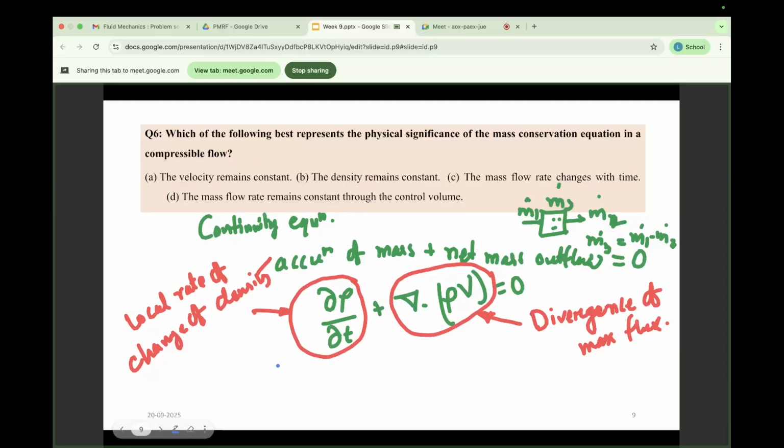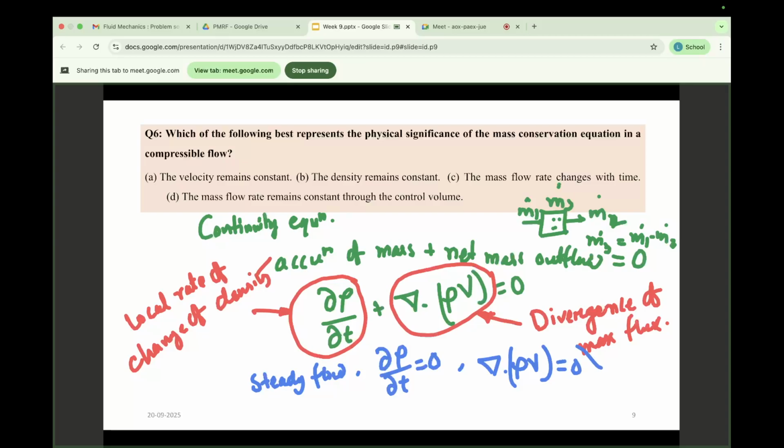Again, if I talk about steady flow, steady flow means the change with respect to time should be zero. That's why in the previous one you remember that whatever is entering the system and whatever is coming out of the system should be equal, because we have considered it a steady flow.